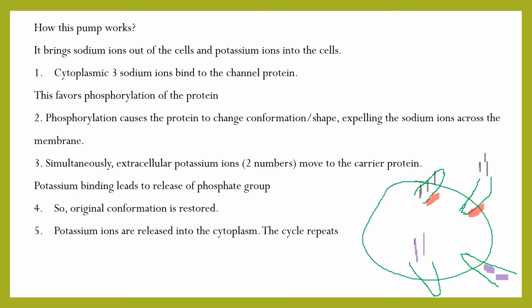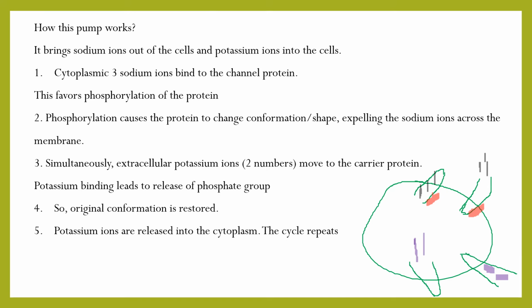So in this way, the cycle will repeat itself. First, 3 sodium ions are attached and the phosphate group is attached. Immediately the shape is changed because at the outer side it will be open and at the inner side it will be closed. Then it releases 3 sodium ions. Simultaneously, these potassium ions are attached.